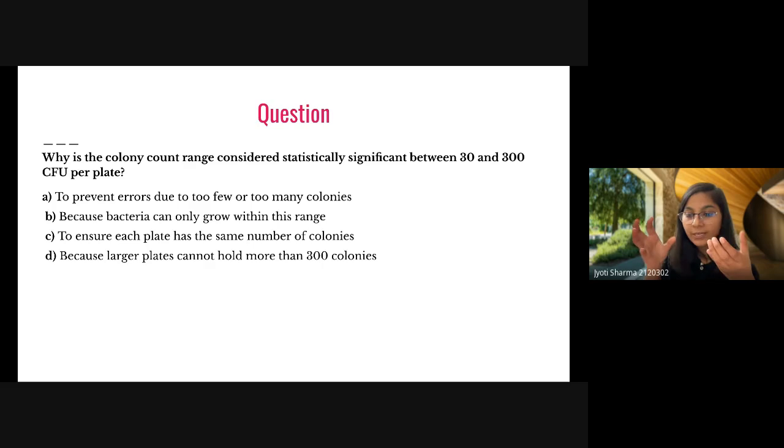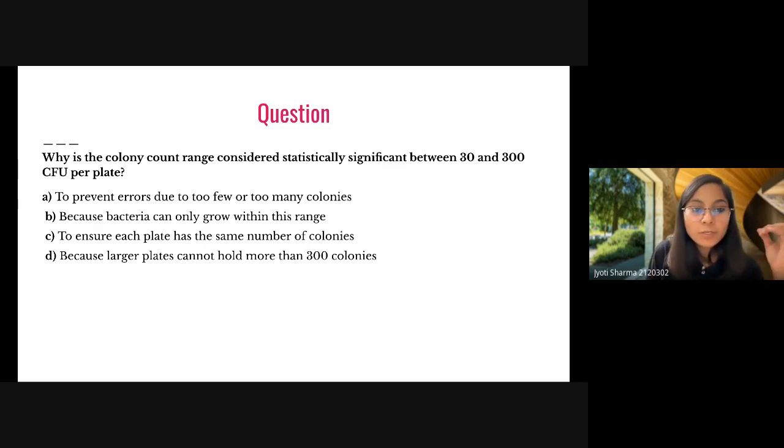If we do the second dilution, we have some colonies. After some dilution, we have some colonies, and this colony count will reduce as we undergo this dilution series. But why is this 30 to 300 CFU per plate considered significant? Why are we just considering that range between 30 and 300, if the number of colonies is less than 30 or more than 300?